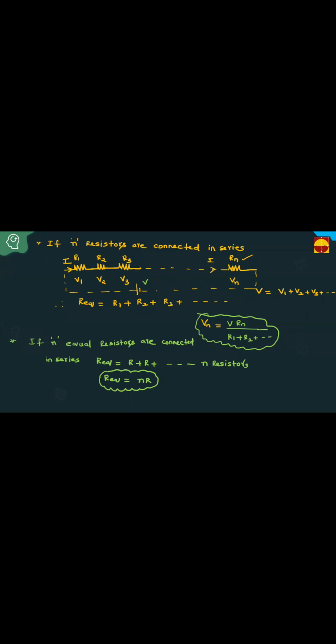Next, I have to explain the series connection of inductors and the series connection of capacitors. Actually, to explain this you have to take the concept of impedance.